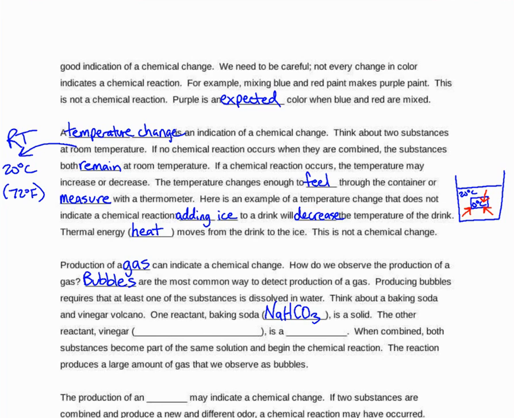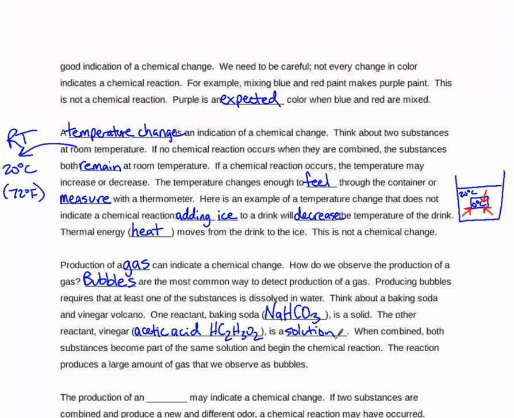The other reactant is vinegar, which is actually known as acetic acid, HC2H3O2. It's a solution.